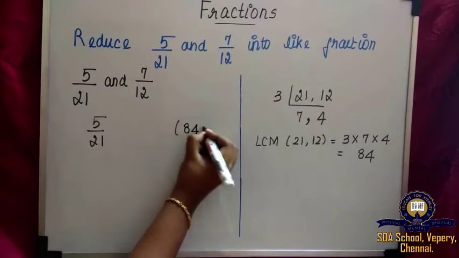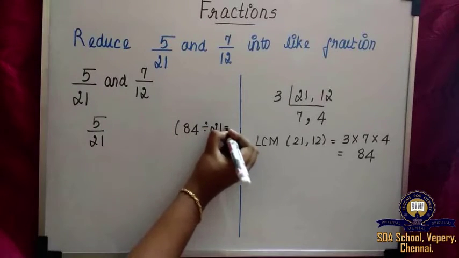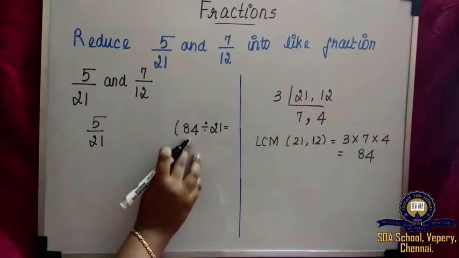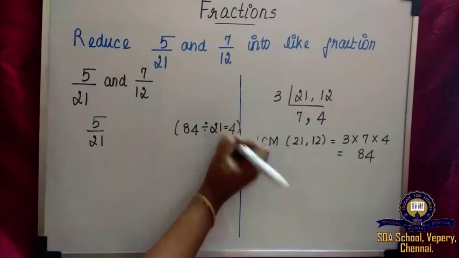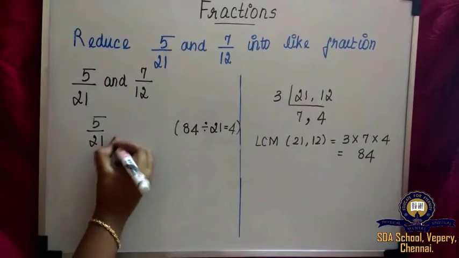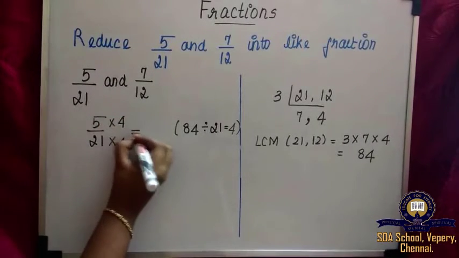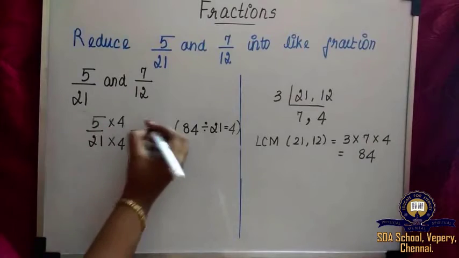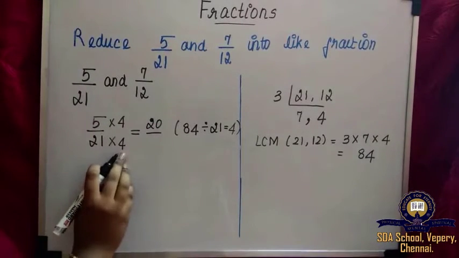So 84 divided by the denominator 21 is equal to 4. So we have to multiply the denominator and the numerator of the fraction by 4.